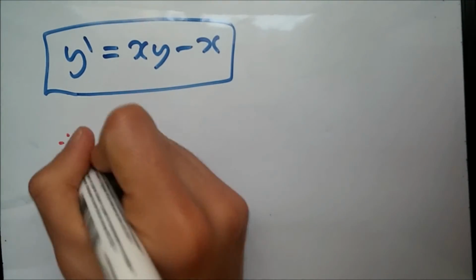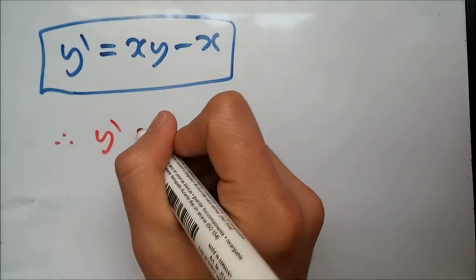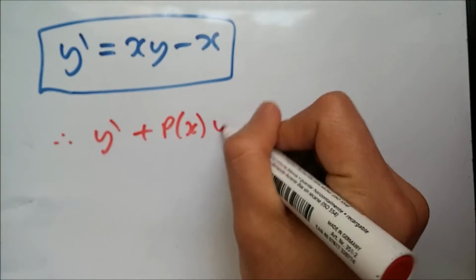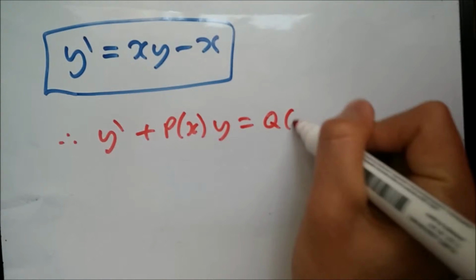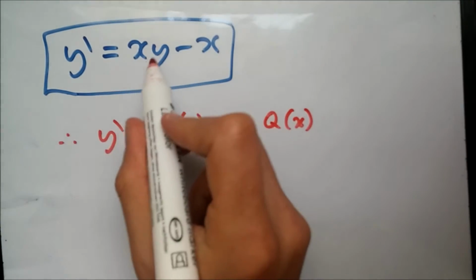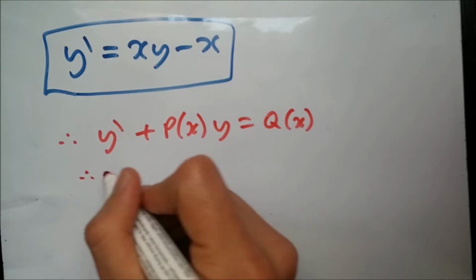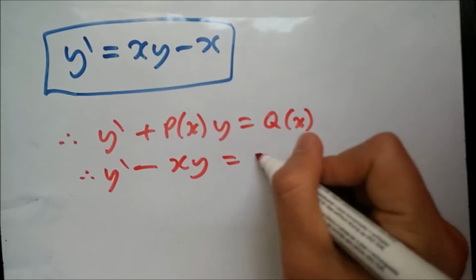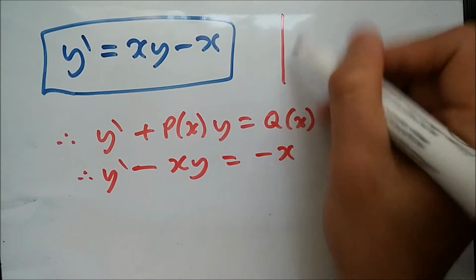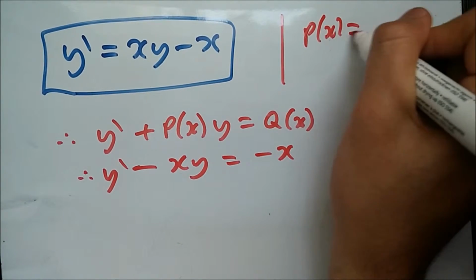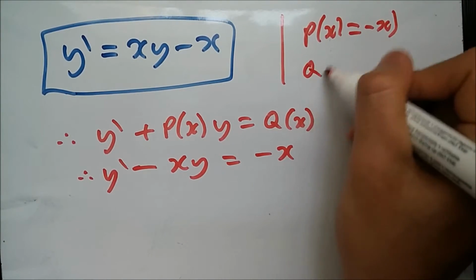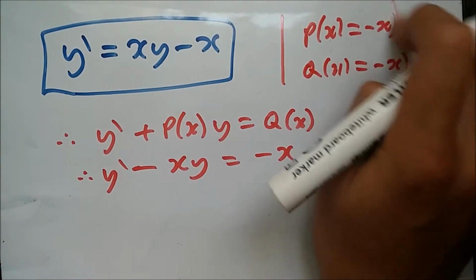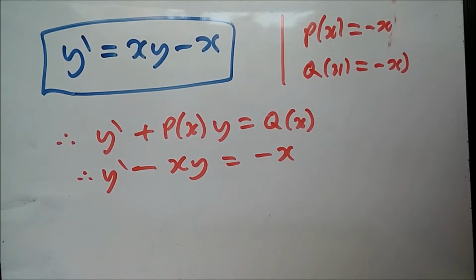First things first, we put y prime on the left, which it already is, plus some function of x times y equals another function of x. In this case, we have to subtract xy across. So we're going to have y prime minus xy equals minus x. And therefore, p(x) is minus x, q(x) is also minus x. Okay, that's the first bit done.